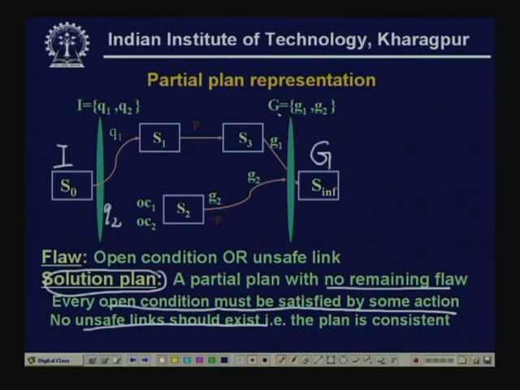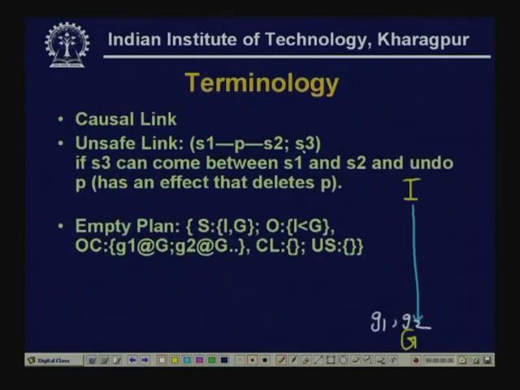The preconditions are the propositions which are true at the goal state. So, the preconditions here are G1 and G2. So, in the initial plan that one can draw, G1 and G2 are the open conditions. So, this is S0 and this is S-inf, and G1 and G2 are the open conditions of the goal.